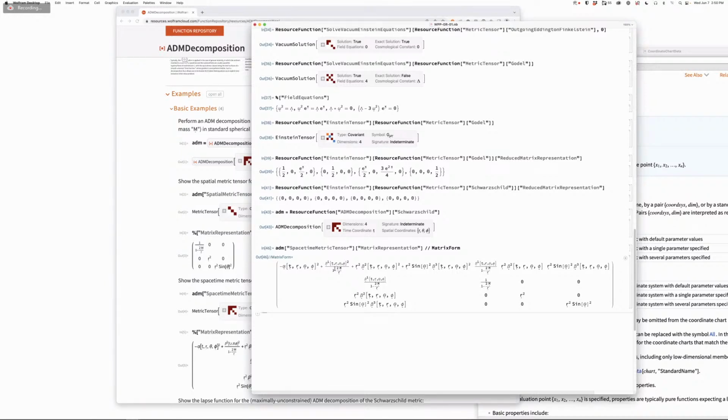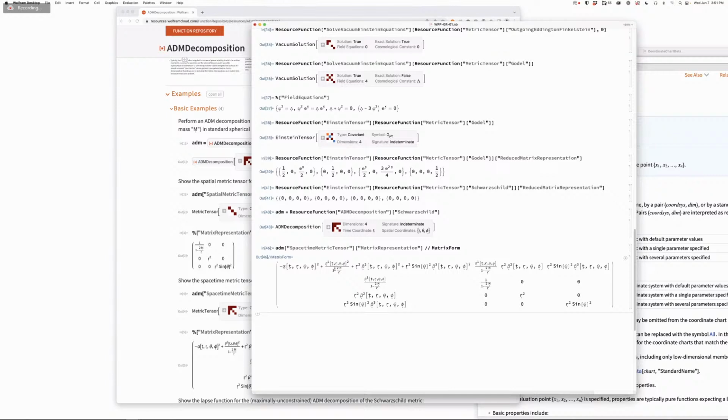Right, effectively defining different notions of simultaneity. So the alpha function there is telling you what's the time-like distance between the neighboring space-like hypersurfaces. And the beta 1, beta 2, beta 3 is telling you effectively how do I relabel the spatial coordinates between the different hypersurfaces.